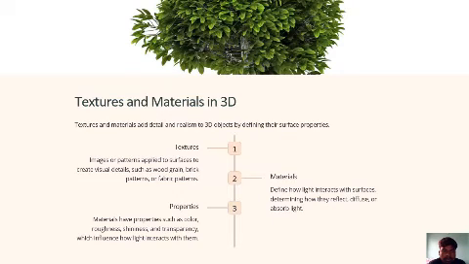Materials define how light interacts with the surface and determine how they reflect, diffuse or absorb the light. Materials have properties such as color, roughness, shininess and transparency, which influence how light interacts with them.